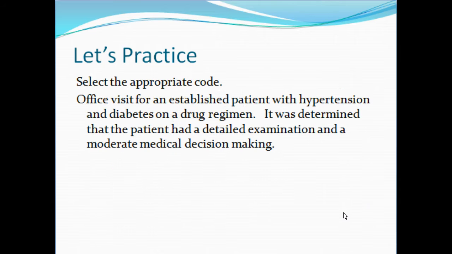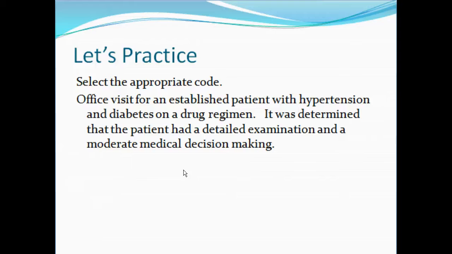So, let's practice. Let's say a patient, of course, went for an office visit, and the patient is an established patient with hypertension and diabetes and is on a drug regimen. It was determined that the patient had a detailed examination and a moderate medical decision making. Now, being that this patient is established, of course, for established patients in an office visit, in this particular category, the key components state in your CPT manual that 2 out of 3 key components are required.